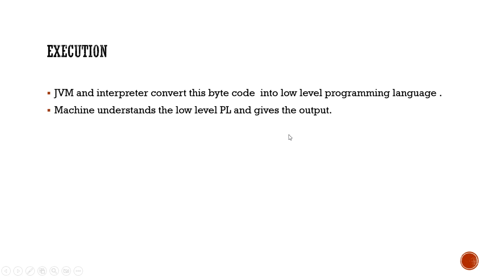Then execution. After compilation, the next thing we do is execution. JVM and interpreter, which we saw in the previous slide, convert this bytecode into low level programming language. As I said, bytecode is not understandable by humans or machines, so the interpreter and JVM convert it into low level programming language.